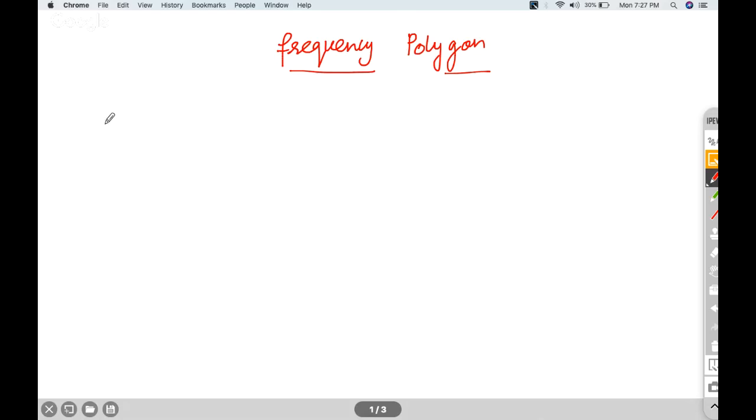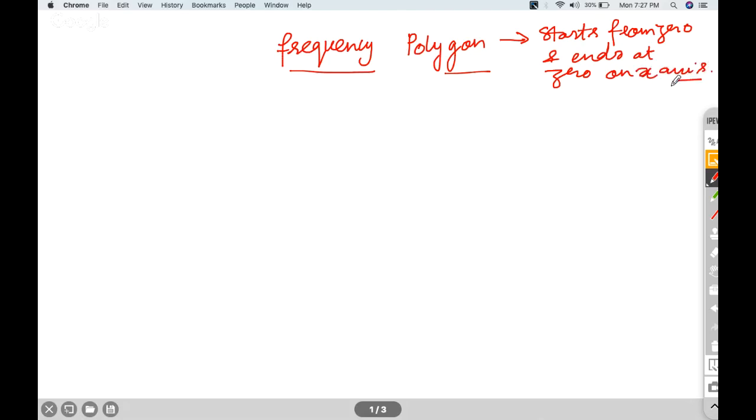So look at here. One thing you should remember is that a frequency polygon starts from 0 on the x-axis and ends at 0 on the x-axis. So try to understand what to do then.